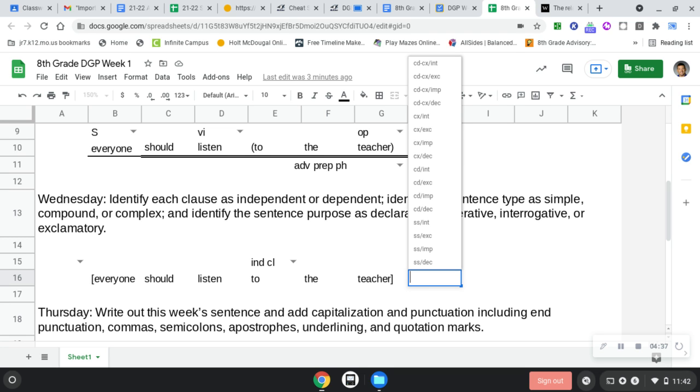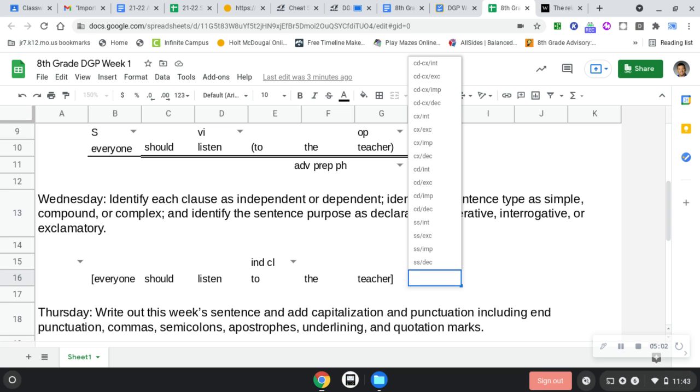There's declarative, because you also have to tell me the sentence purpose. Declarative just simply states a fact. It's just declaring this is fact. Imperative means you're giving a command. You're telling them they have to do something. Exclamatory means you would yell it at someone. Everyone should listen to the teacher.